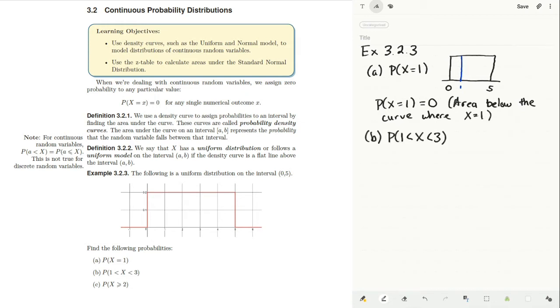So now let's find the probability that x will be between 1 and 3. And so we're looking for the area under the curve from the interval from 1 to 3. And so the probability corresponds to this shaded area.